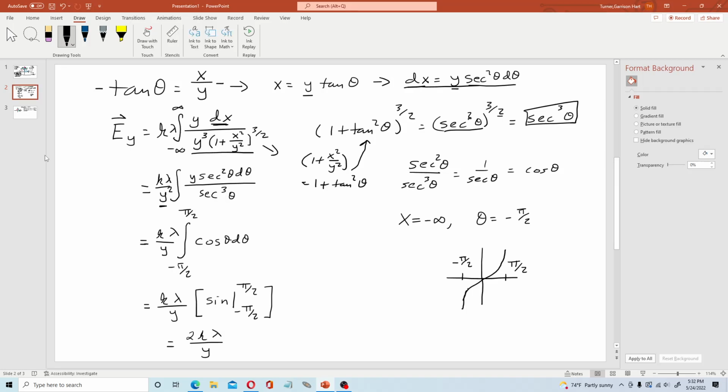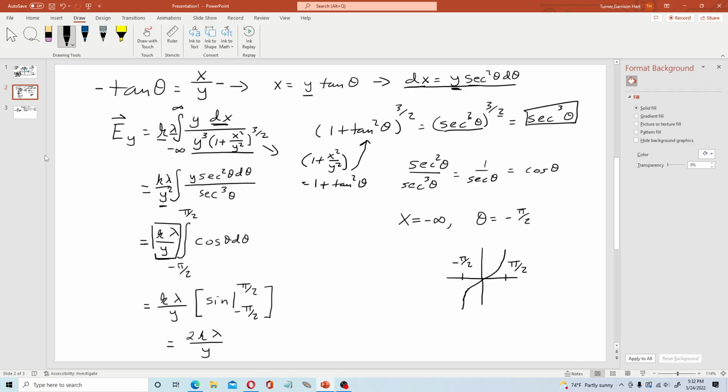But then I get another y from substituting in for dx right here, and the overall result is going to be simply 1 over y. Now, I factored out my Coulomb's constant and my charge density because they're both constant. So out in front of the integral, I have just k lambda over y.